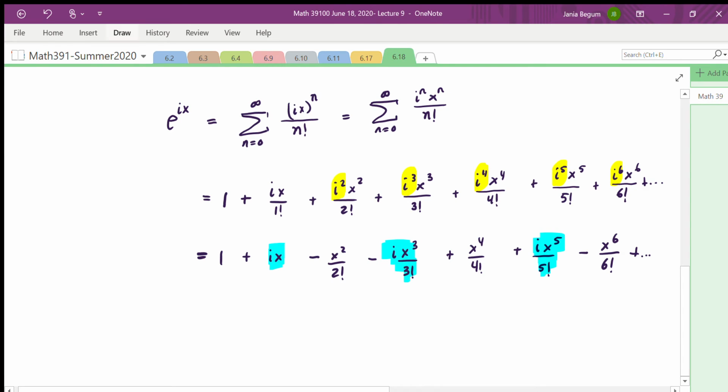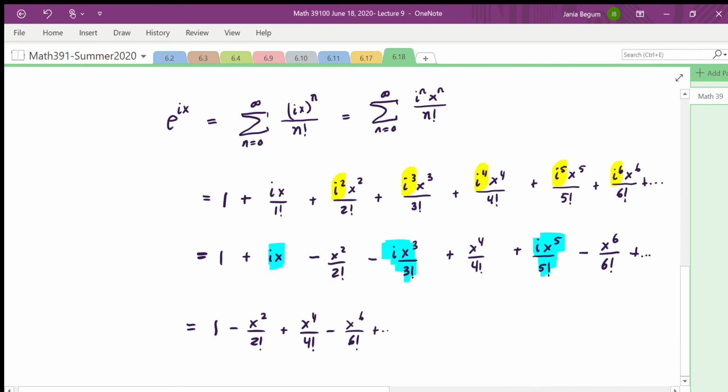So they're going to be grouped into one single parenthesis, and then the rest will be in another one. So we have the following. We have 1 minus x squared over 2 factorial plus x to the fourth over 4 factorial minus x to the 6th over 6 factorial.